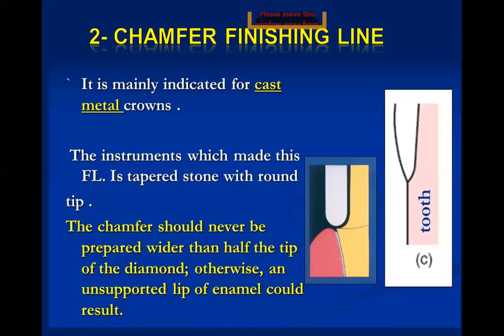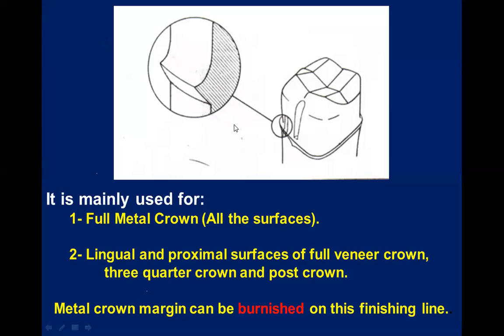Otherwise, we will create an unsupported lip or margin on the finishing line. The picture shows you that half of the burr will be enough to prepare a chamfer finishing line. These are the same indications as the knife edge finishing line.